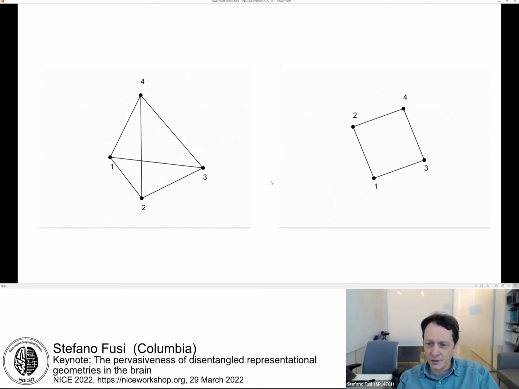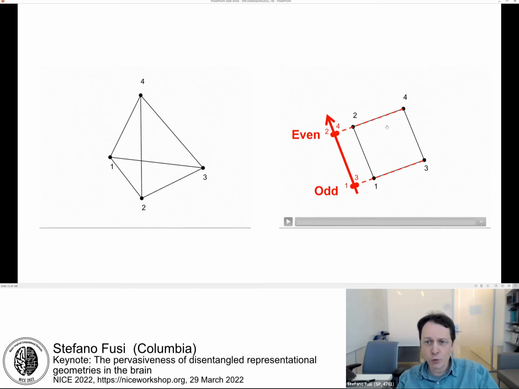So let's look at the different representation, and that I have here on the right. So this is a lower dimensional representation. In particular, the 4 points now are at the vertices of a square. Now, the nice feature of these representations is that now you're grouping together the different stimuli if you consider subspaces.